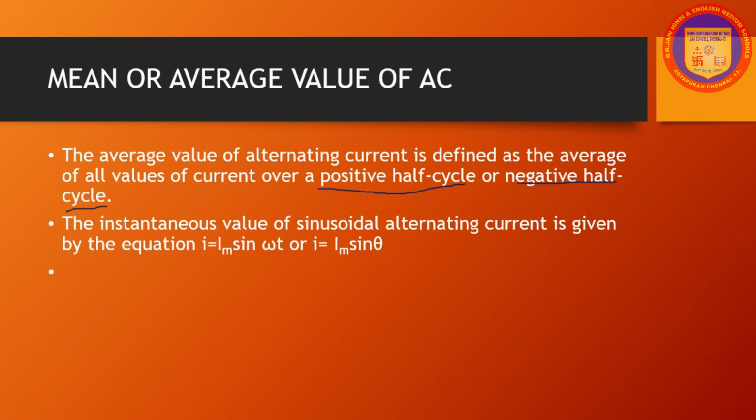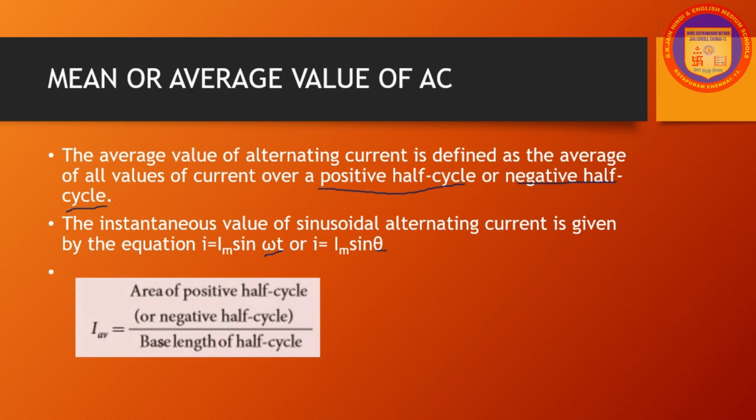The instantaneous value of sinusoidal alternating current is given by the equation I = Im sin ωt, or I = Im sin θ, where θ = ωt. So the sum of all current over a half cycle is given by the area of the positive half cycle or negative half cycle. Divided, that is, I average is equal to the area of the positive half cycle or negative half cycle divided by the base length of the half cycle.